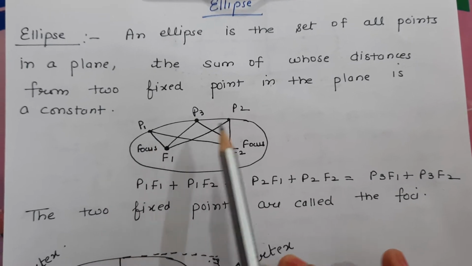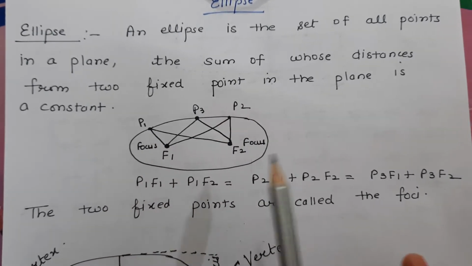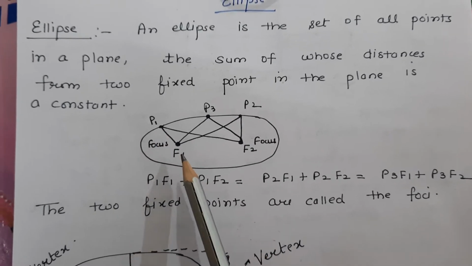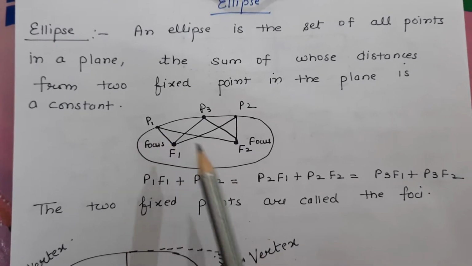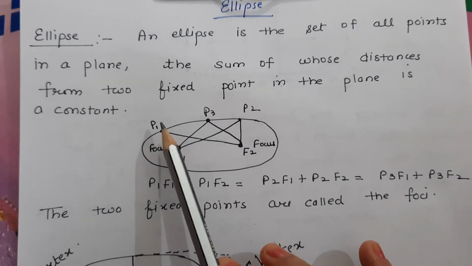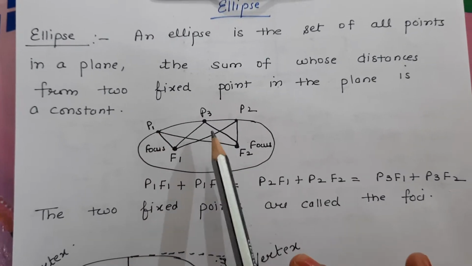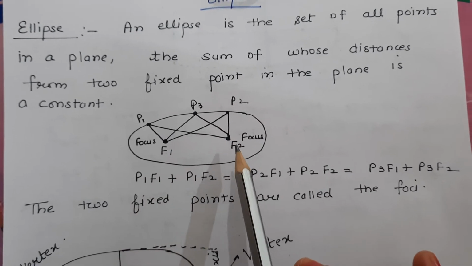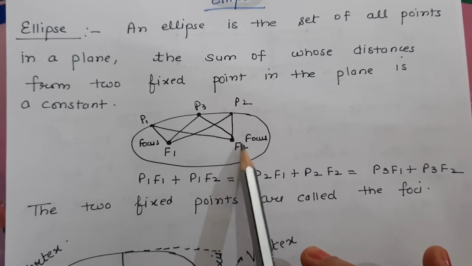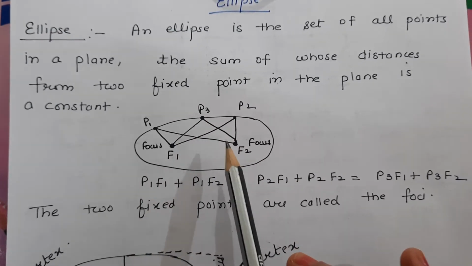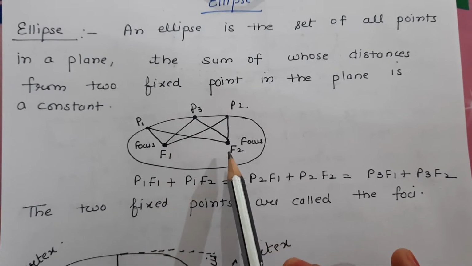Now point P1, P2 and P3. All these points will lie on the ellipse if P1F1 plus P1F2, meaning the sum of distances of the point P1 from these two foci, is equal to P2F1 plus P2F2, is equal to P3F1 plus P3F2.